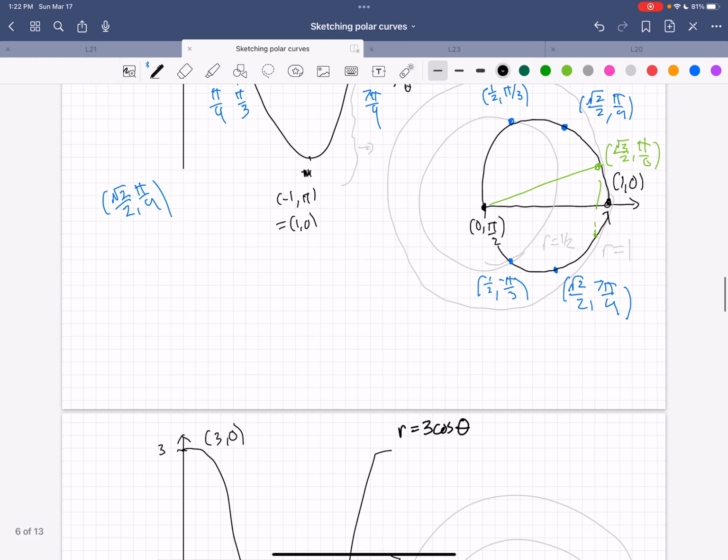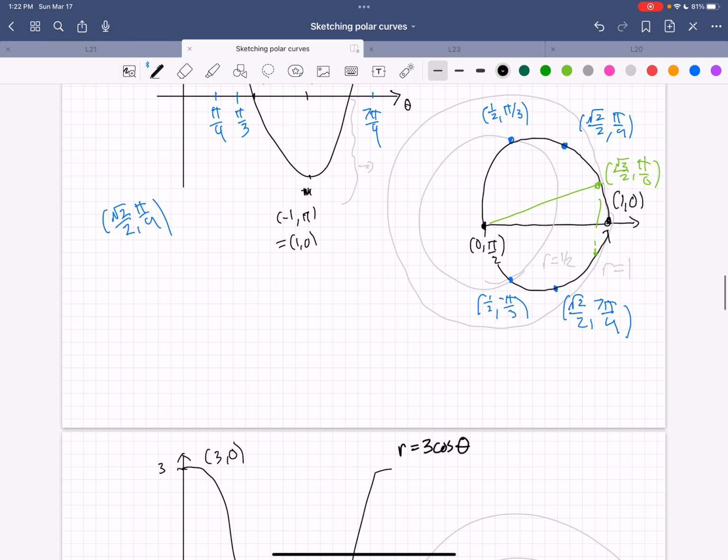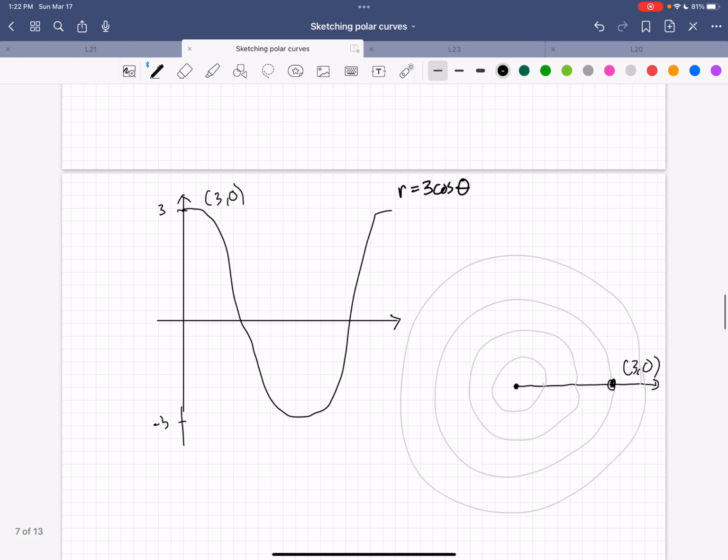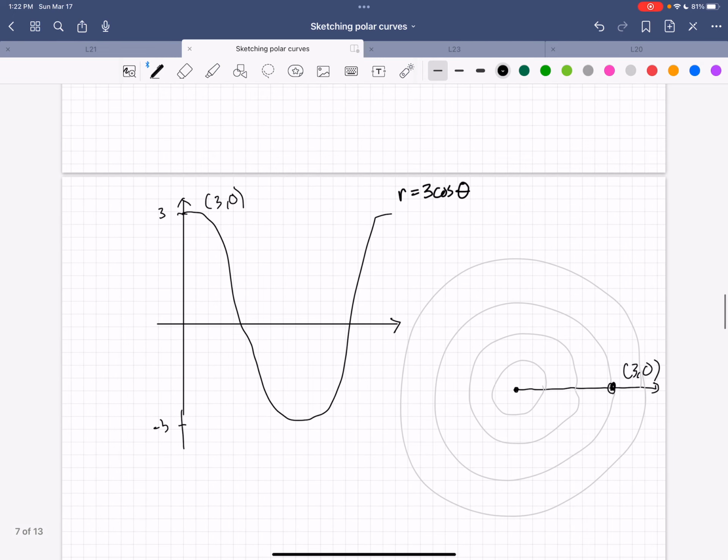And then instead of √3/2, pi over 6, we have 3√3/2, pi over 6. And then instead of √2/2, pi over 4, we have 3√2/2, pi over 4. Everything just gets multiplied by 3.